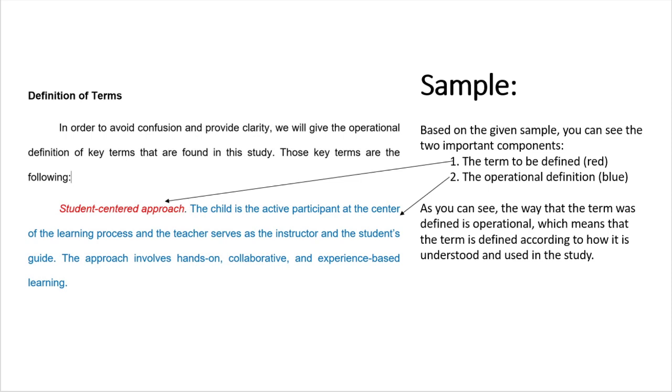But for the purpose of this research, the researchers defined student-centered approach as the child being the active participant at the center of the learning process, and the teacher serving as the instructor and the student's guide. That way, you are giving your readers an idea that this is how we understand the term, and this is how you should understand the term as you proceed through this study.